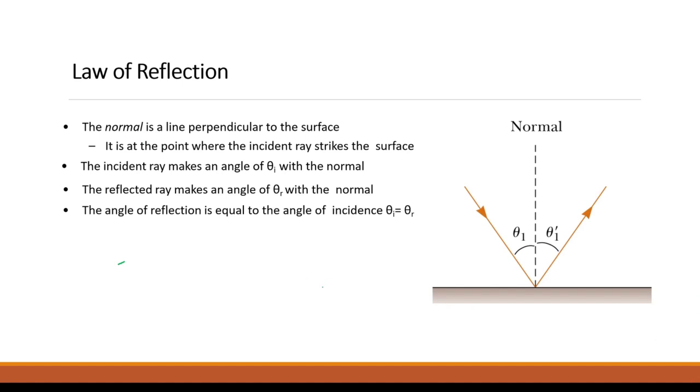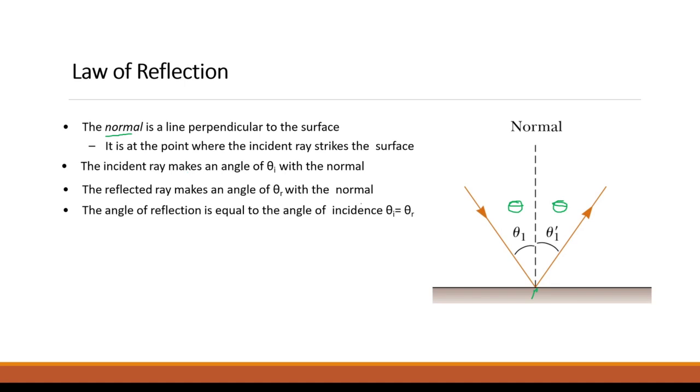so when we have a reflection like this, we're going to have a normal, which is a line that's perpendicular to the surface, and it starts at the point where the incident ray strikes the surface. So it's at this point, it goes straight up, perpendicular. And then we get an angle here, and the theta here.